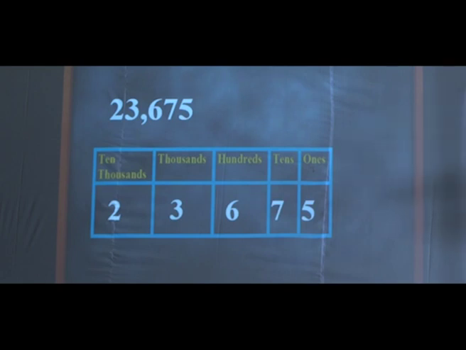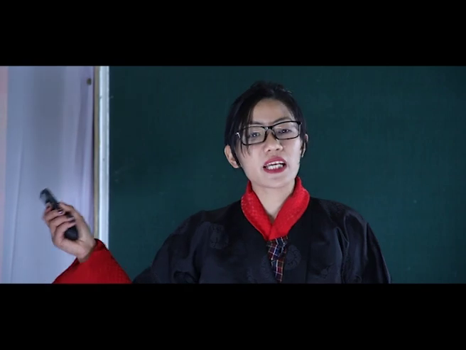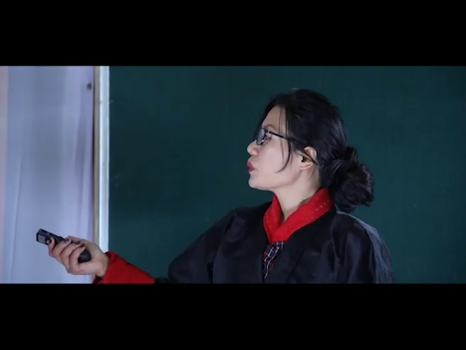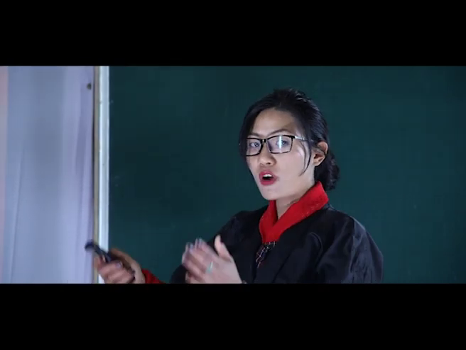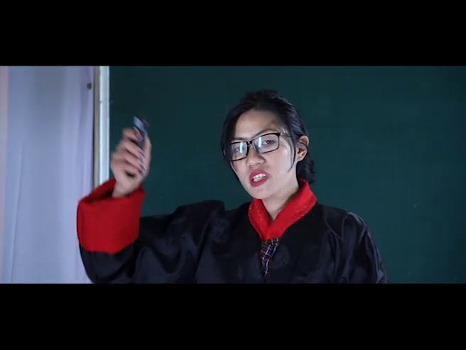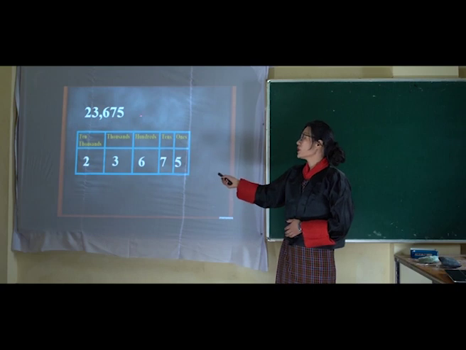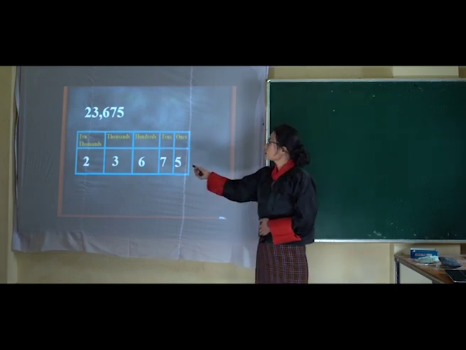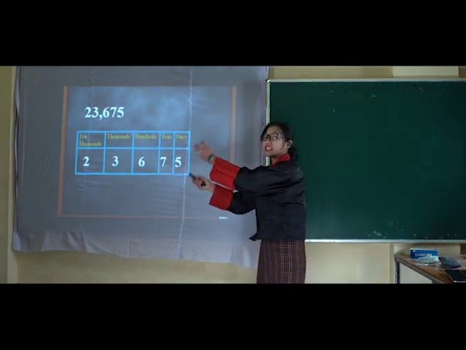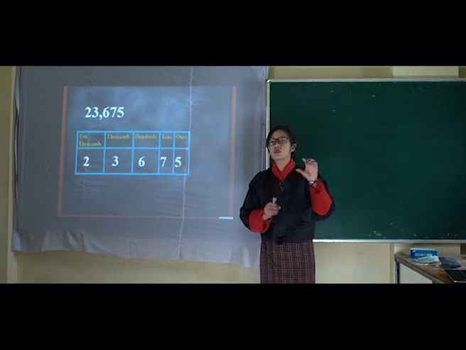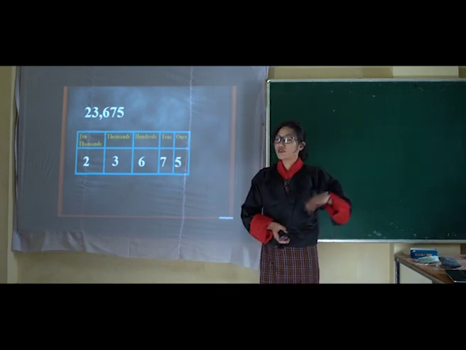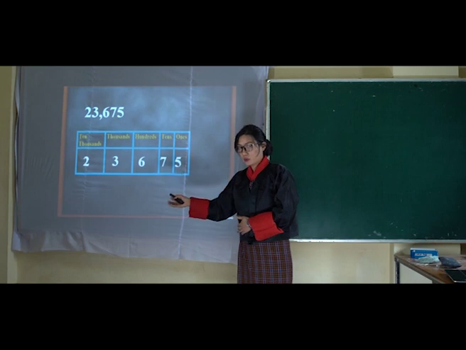Let us read the numbers according to their place value. We start reading from the left. When we start writing the numbers in the place value chart, we usually start from the right and go towards the left. But when you start reading it, please read it from the left and go towards the right.